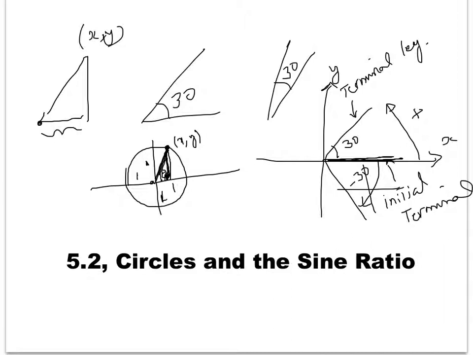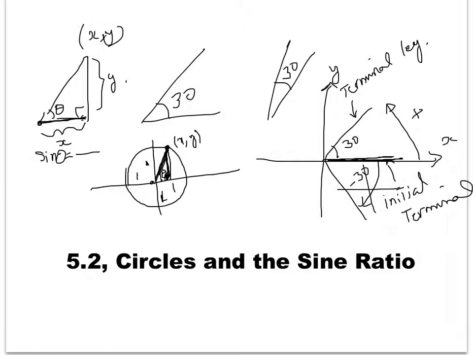So how much is this one, you think? If the point is xy, how much is this section here? X. How much is, let's say, this part? Y. Now, if this angle is theta, can somebody tell me, using trig ratios, what is sine theta here?